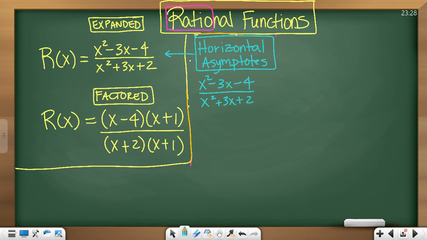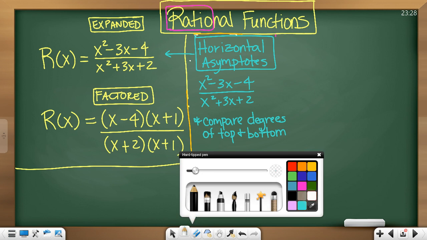When you do horizontal asymptotes, you're going to compare the degrees of the top and the bottom. And I say top and bottom, I should say numerator and denominator. So here are your conditions.